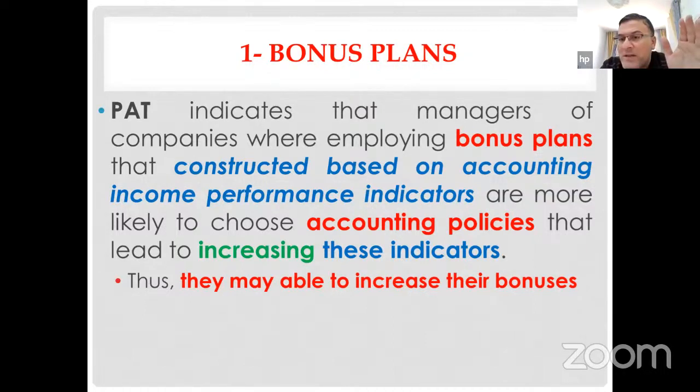So it's easy for me as a manager to hit these targets by choosing the accounting policies that help me do so. By doing so, I can increase my bonuses. This is the meaning of the bonus plan factor that positive accounting theory indicated. This is the first economic factor mentioned in positive accounting theory.